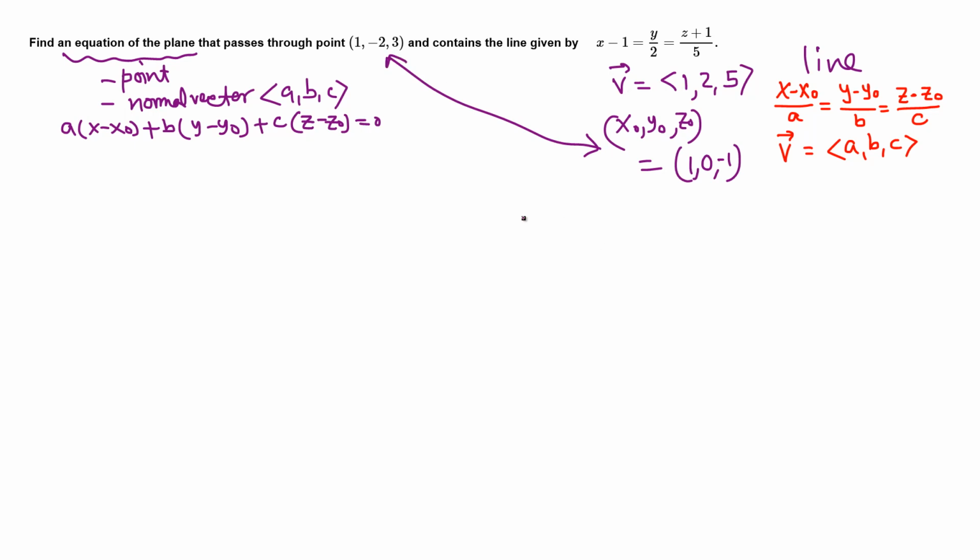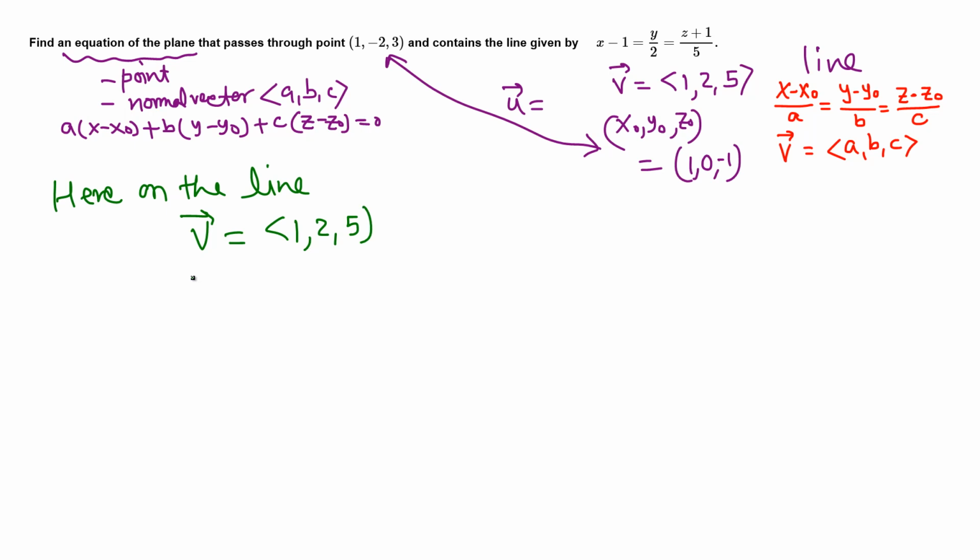Let's say u. U is just this minus this. On the line we have direction vector v, which is 1, 2, 5, and we are finding another vector u from the given point and the point here.